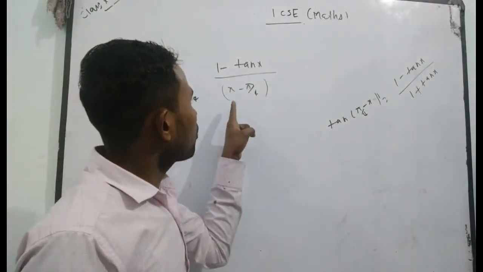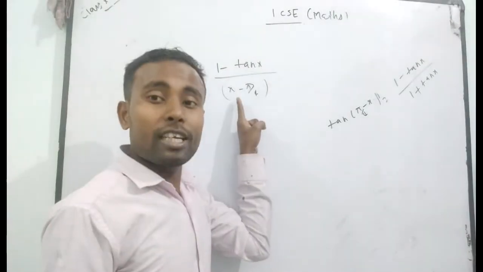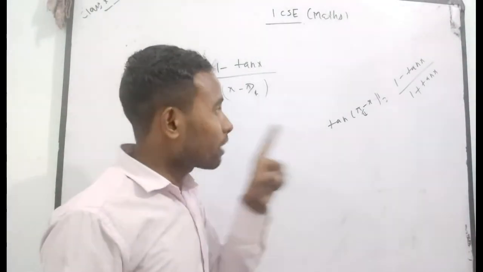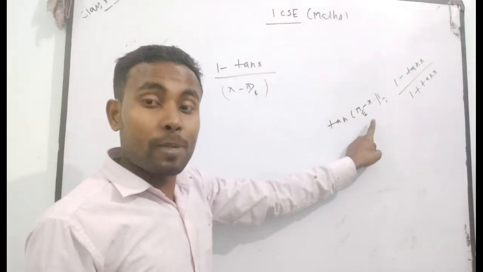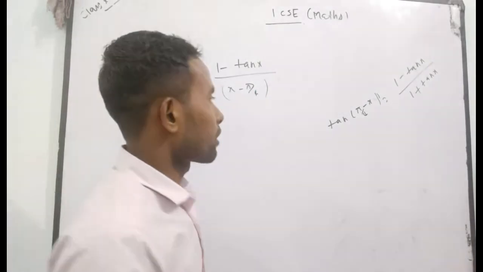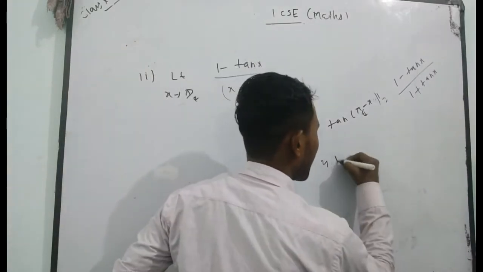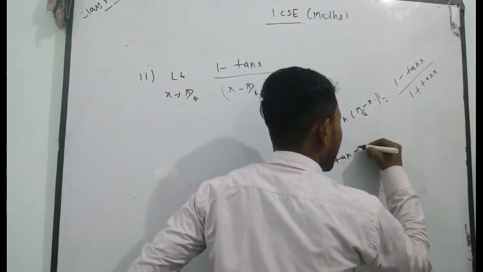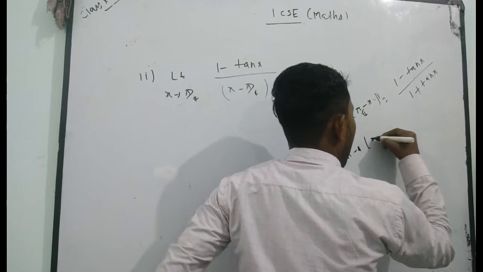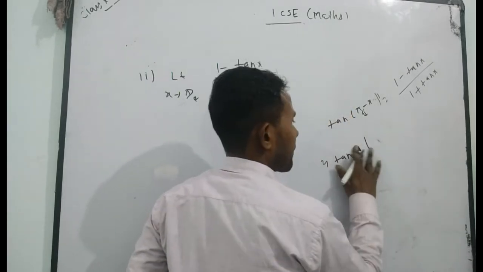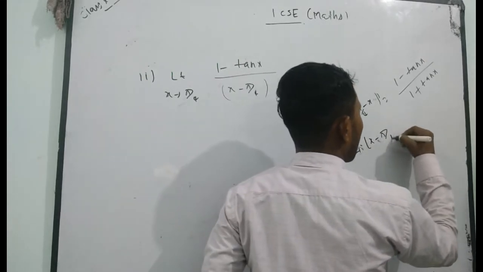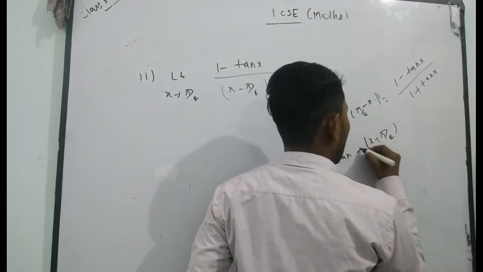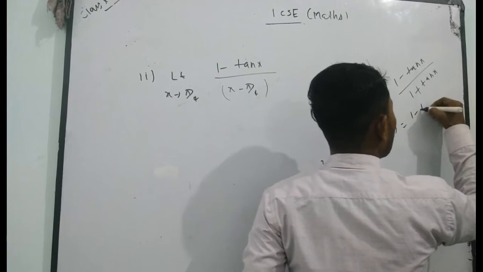Now you see here, in the denominator you have x minus pi by 4, so definitely there should also be x minus pi by 4 in the numerator. How can you write this expression pi by 4 minus x?